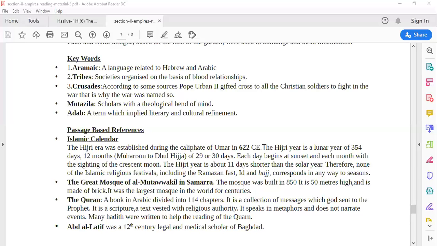It is a scripture, a text vested with religious authority. It speaks in metaphors and it does not narrate events. It speaks in metaphors. That means when you read a verse, you will have to really interpret it. Yes, it does not narrate events.